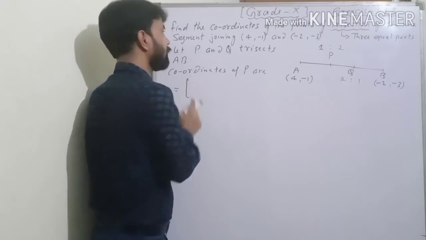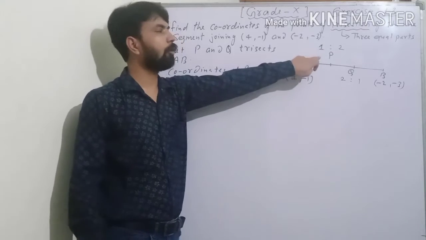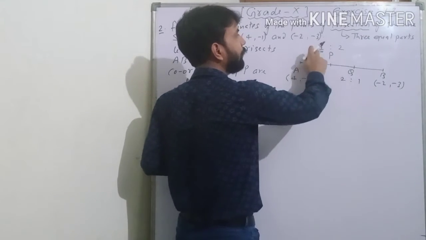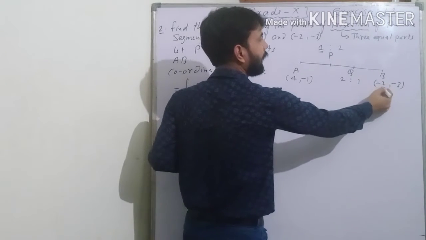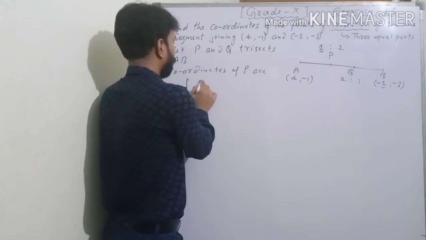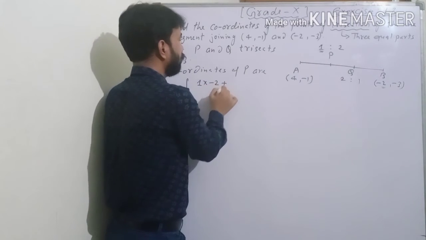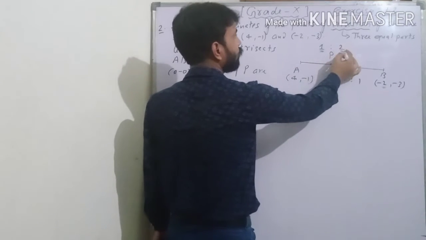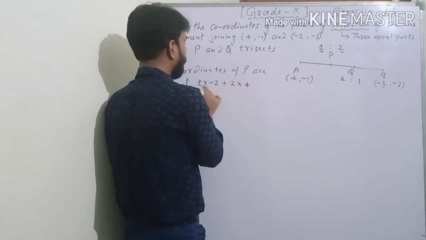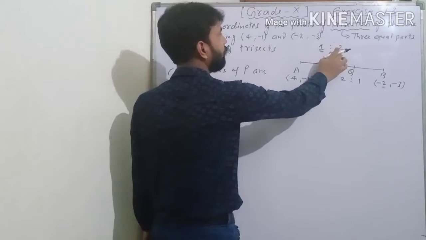Section formula is mx2 and so on. I am talking about P only. So what is m? m is 1. So 1 is multiplied by the abscissa of the second point. So 1 is multiplied by -2. 1 into -2 plus n. n is 2, multiplied by 4, upon the sum of the ratio, that is 1 plus 2.